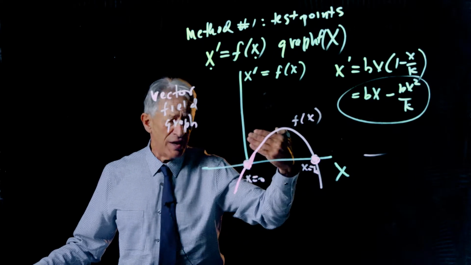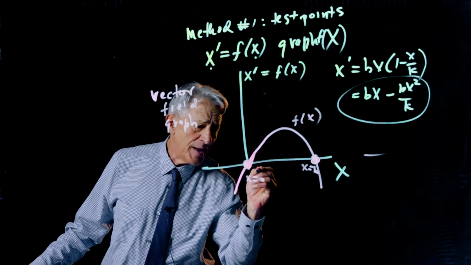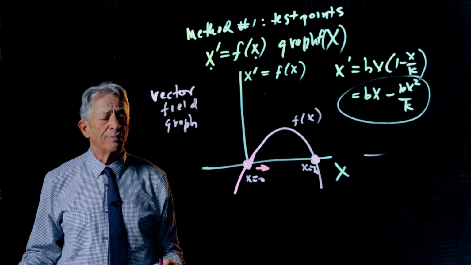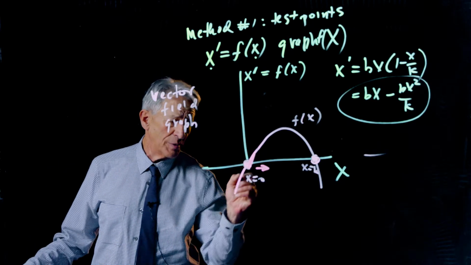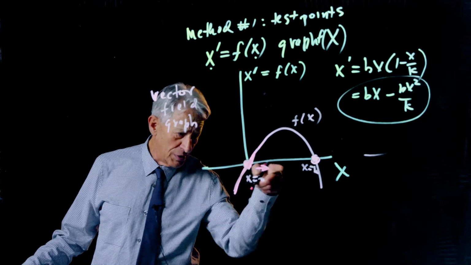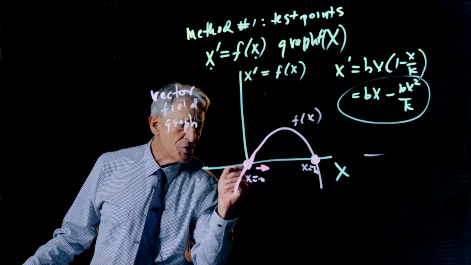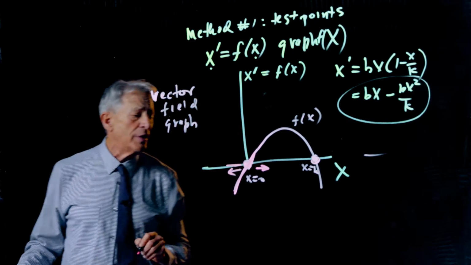It's above the line. So if f of x is positive, that means the vector field is positive. On the other hand, to the left of the equilibrium point, the curve is below the axis. It's in negative values. So x prime is negative, and so it looks like that.